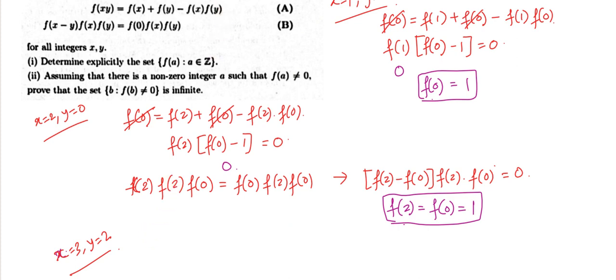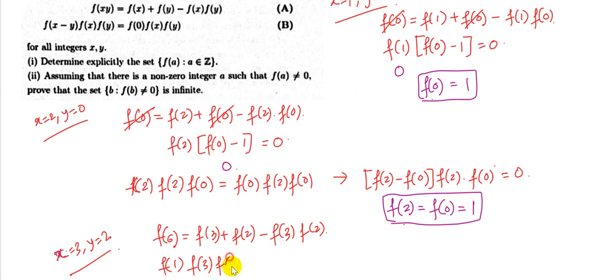From the first equation we will get f of 6 equals f of 3 plus f of 2 minus f of 3 into f of 2, and from the second equation we will get f of 1 into f of 3 into f of 2 equals f of 0 into f of 3 into f of 2.